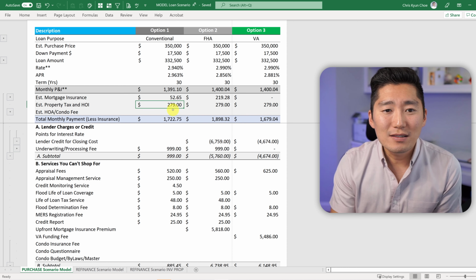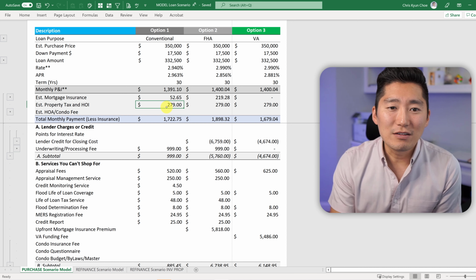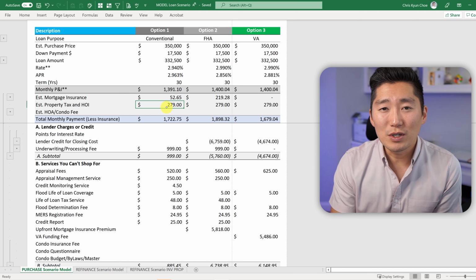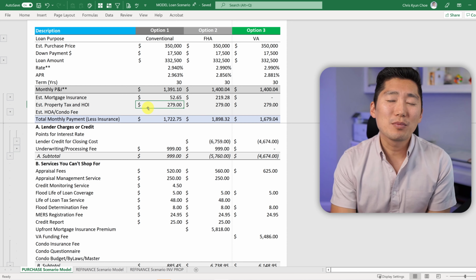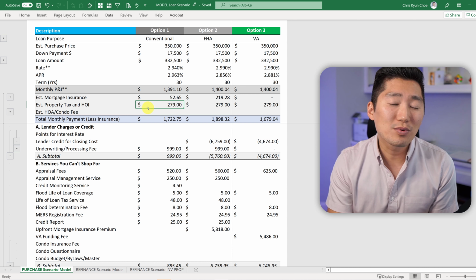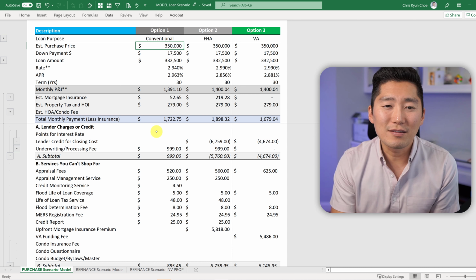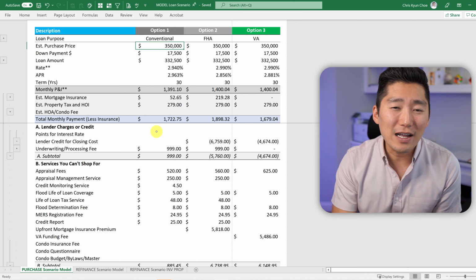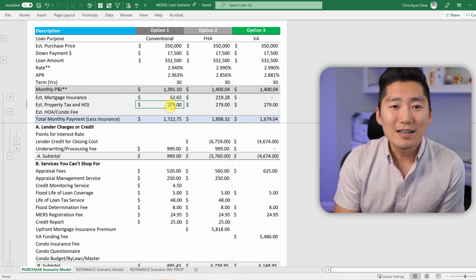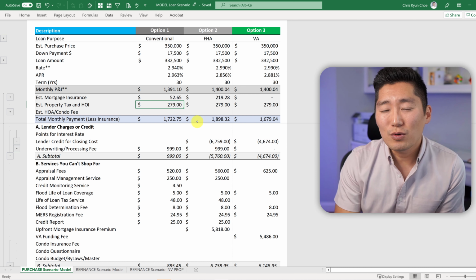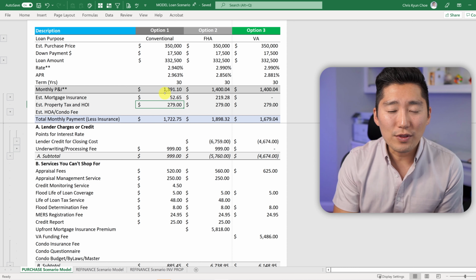The property taxes, in this case, Clark and Lois are living in Montgomery County, Maryland, and the property taxes are 0.94% annual. We're going to be just doing it off of the purchase price, saying that the purchase price equals the assessed value of the property. And I'm going to be using 0.94% for that calculation.